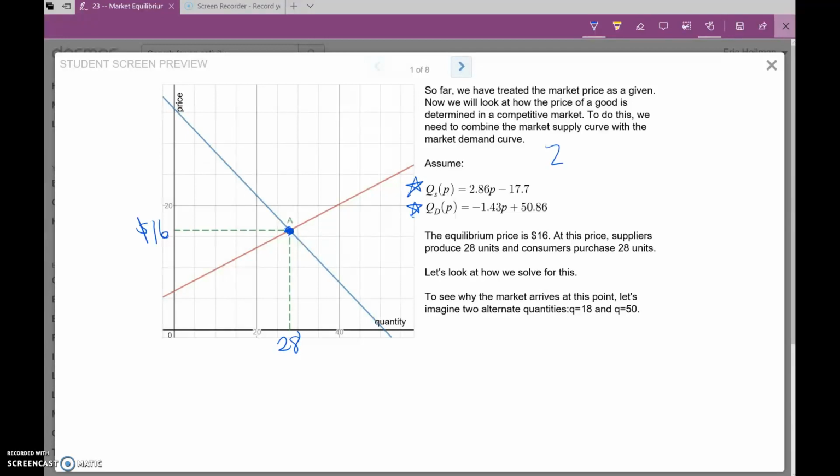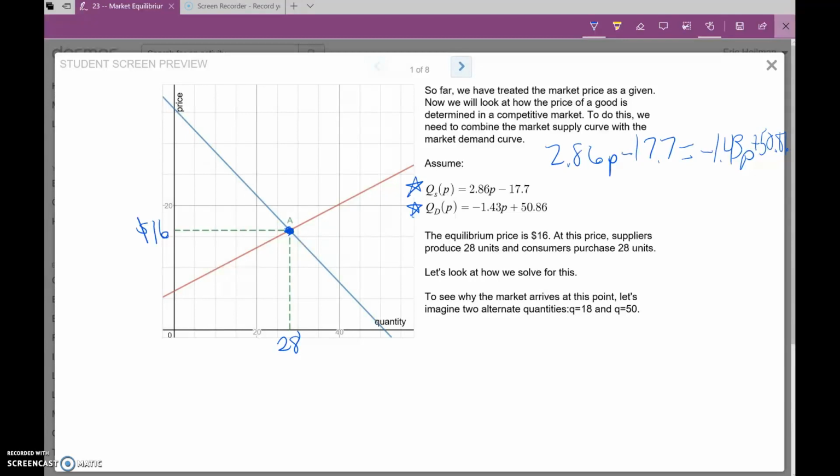So 2.86p minus 17.7 equals negative 1.43p plus 50.86. Okay, so I'm going to bring the p's over to the left hand side.